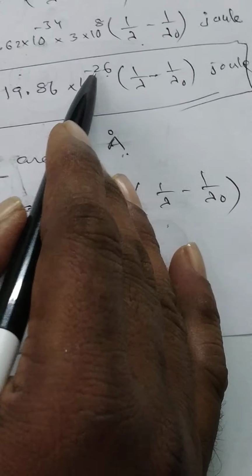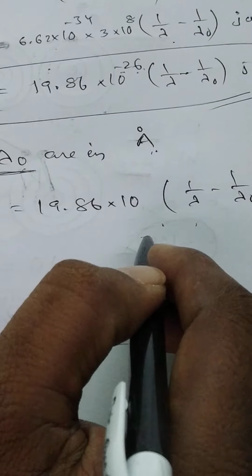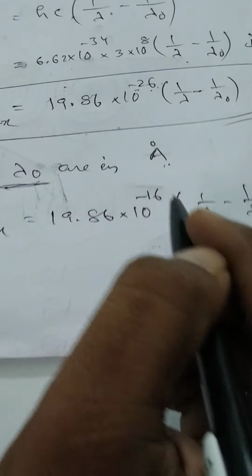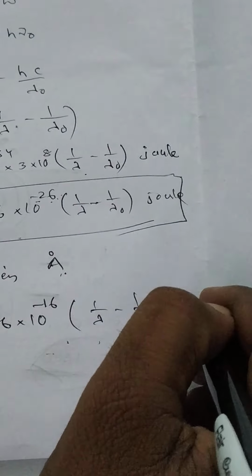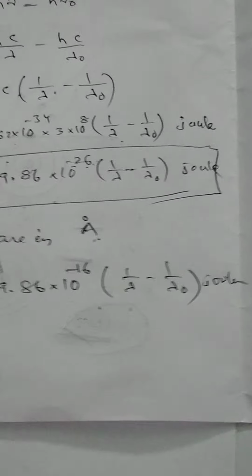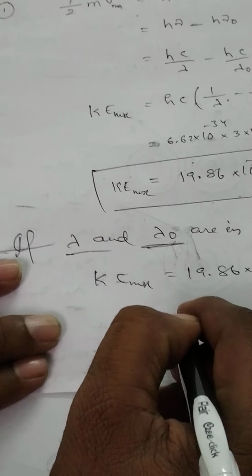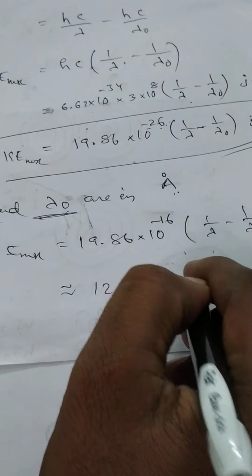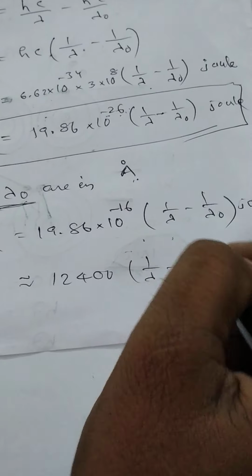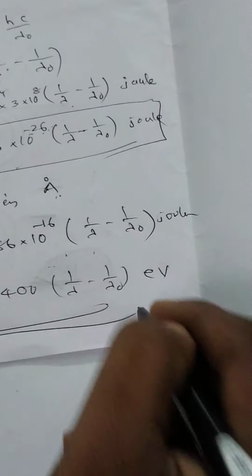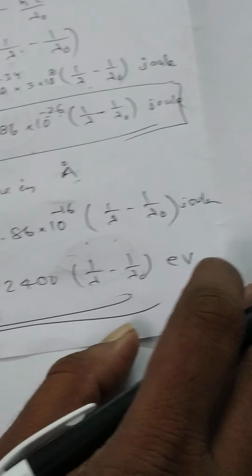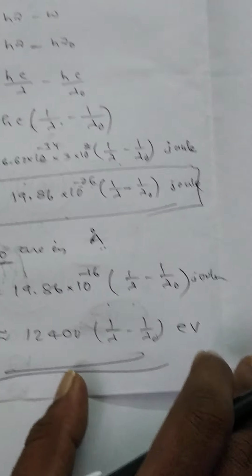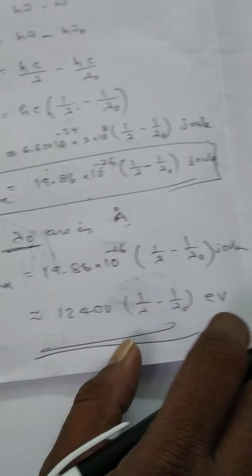Here in the numerator, 10 power minus 26 by 10 power minus 10 goes up, so 10 power minus 26 plus 10 gives 10 power minus 16. It is in joules. So what is this value in terms of electron volts? This is nearly hc equal to 12,400. The ready-made formula for the maximum kinetic energy of the photoelectrons: KE maximum is equal to 12,400 into 1 by lambda minus 1 by lambda naught electron volts.